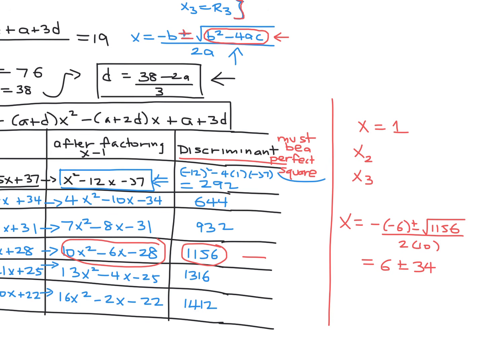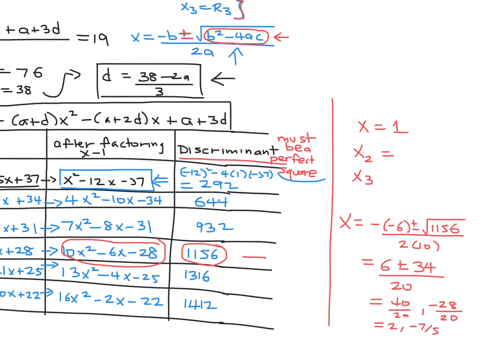That's how we get rational. You notice how the square root disappeared? That's what they mean by rational. So this is 40 over 20, or minus 28 over 20, I believe. So that's either 2 or minus 14 over 10, which is minus 7 over 5.